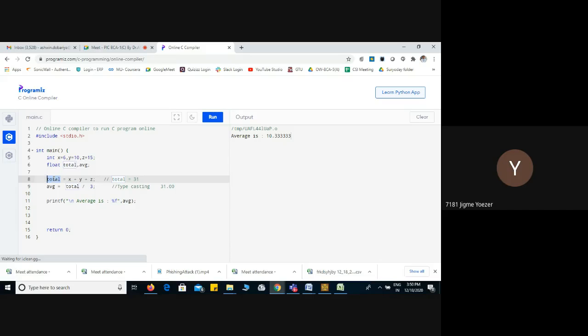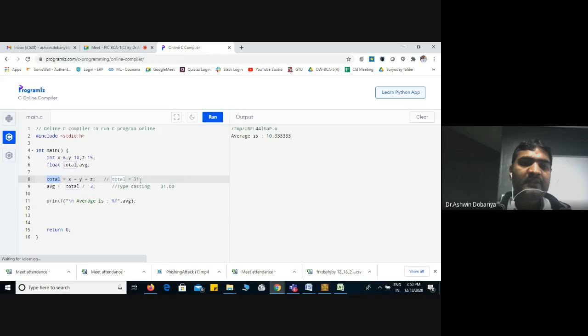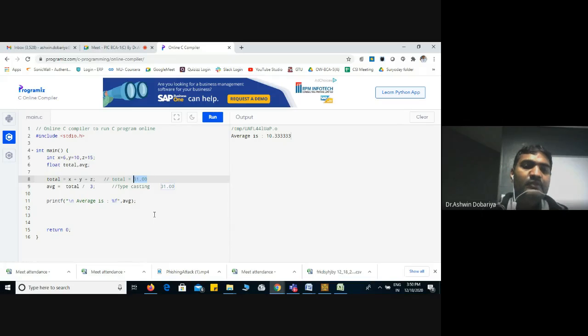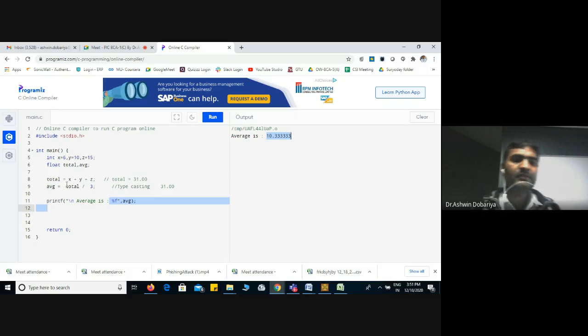Then internally in memory, it will not store only 31, but instead it will store 31.00 because total is declared as a float. Total itself is a float and 3 is the integer. So if one of the values is float, then the overall answer will be a float. The float is stored into the float variable and we display the float. So that's why the output is correct. In that case, we do not require typecasting.